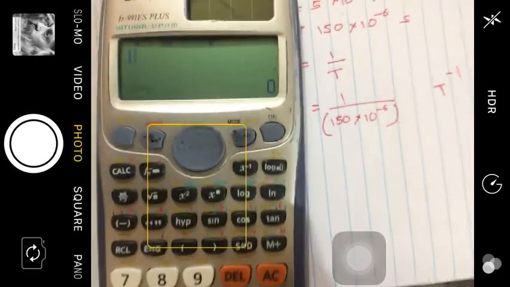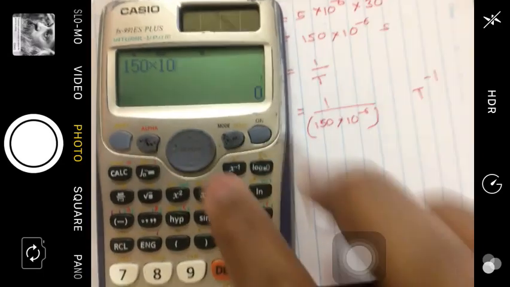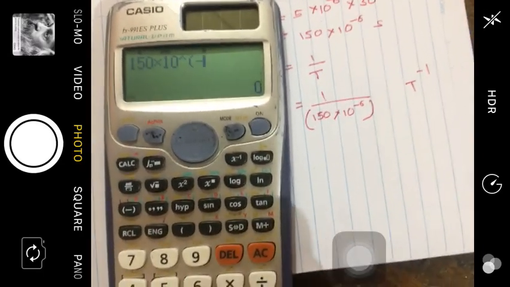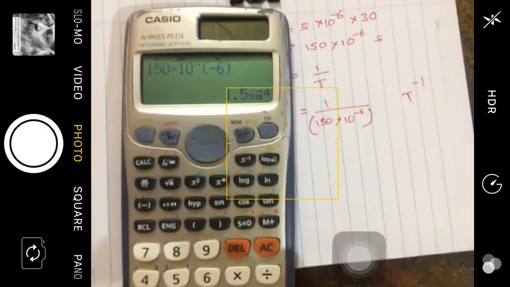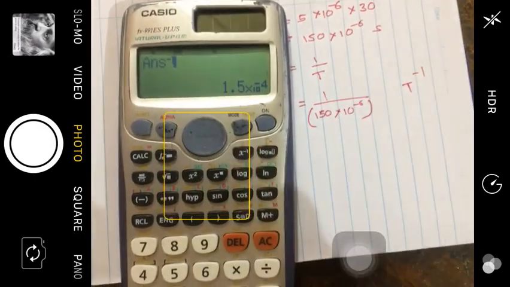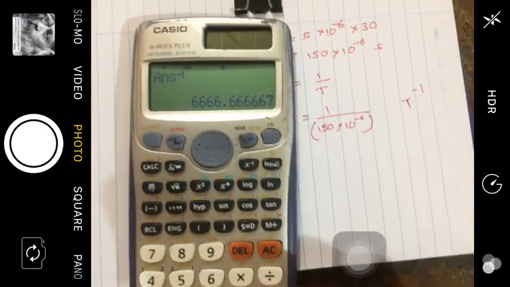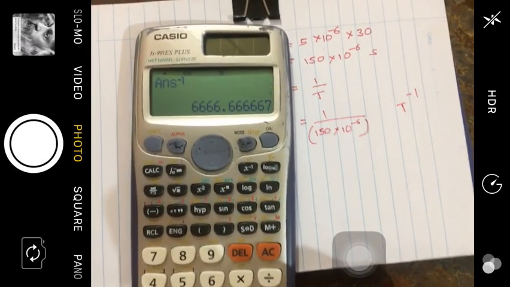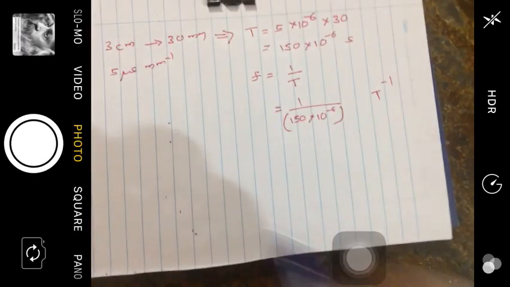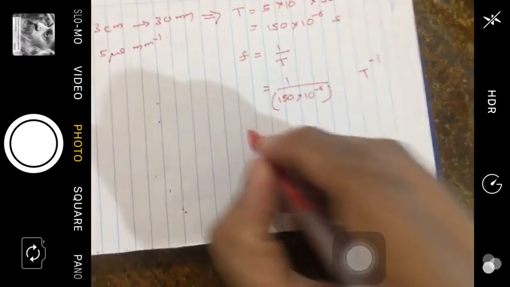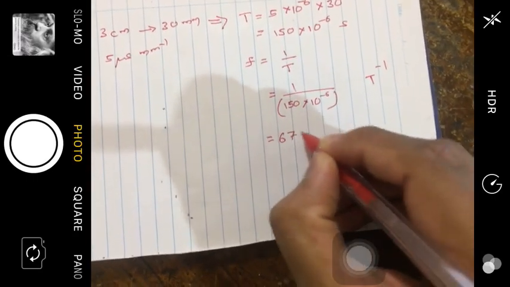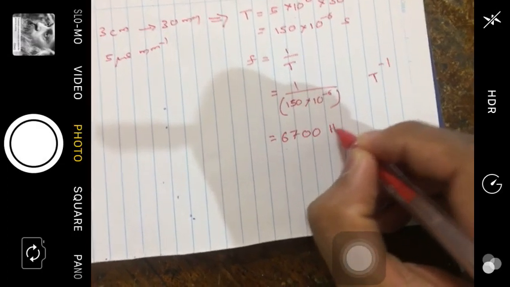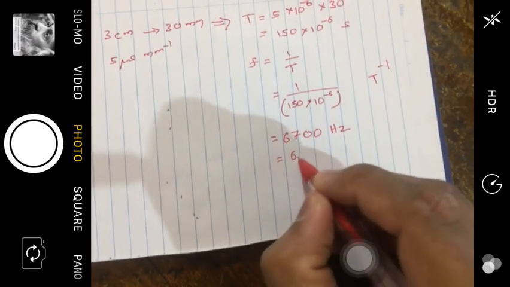I had 150 times 10 to the power minus 6. I want to find the inverse of it. It turns out to be 6666. Now all the values are 67 in the answer, which means that they have rounded this off to obviously 6700 hertz. 6700 hertz is not there.